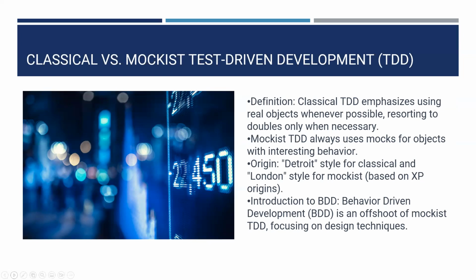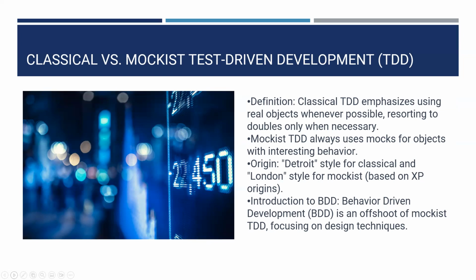Classical and mockist test-driven development, TDD, which is a very important factor when it comes to software engineering. Now we can shift our focus to the methodologies of test-driven development, and explore the difference between classical and mockist TDD.